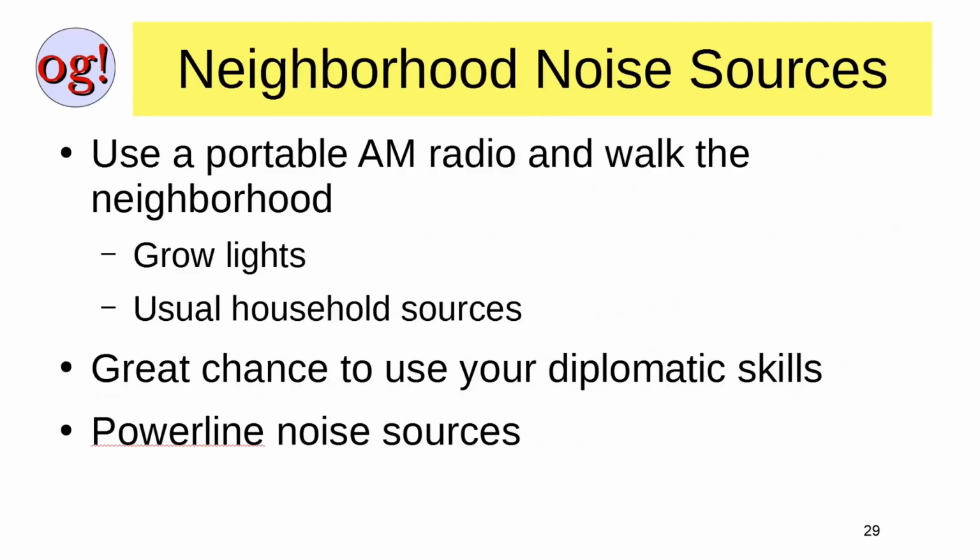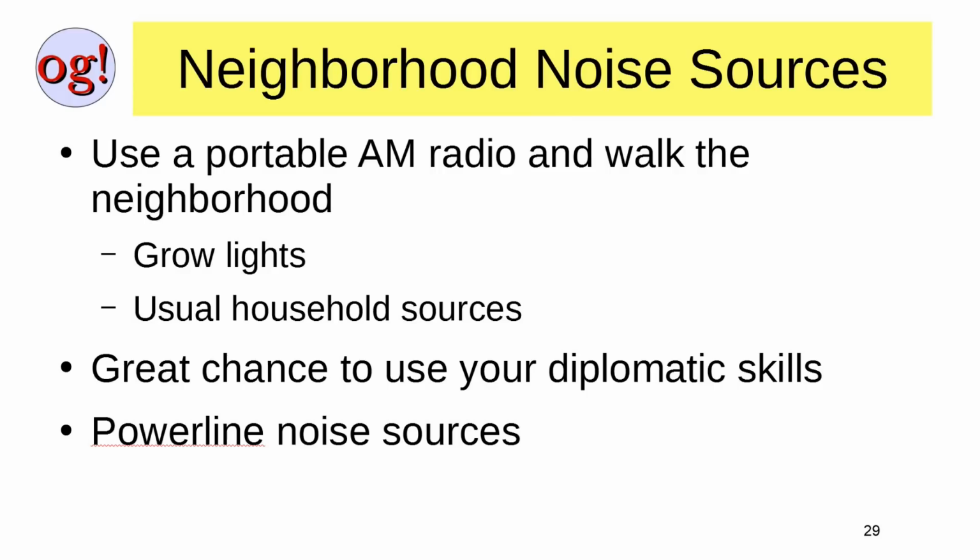Now, there are neighborhood noise sources. One way to find them is to use a portable AM radio, which are getting a little hard to find, and walk the neighborhood. They may have grow lights. Now, I realize that in some areas of the country, people are allowed to grow their own marijuana, and so these are legal installations there.